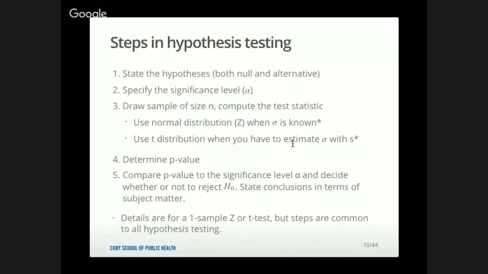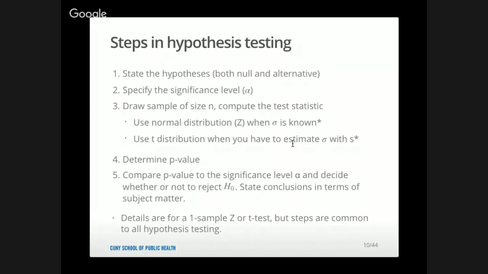From this, you determine your p-value, which is based on this distribution. It's the probability from the test statistic you observed out to the furthest tail of the distribution and multiplied by 2 for a two-tailed test.